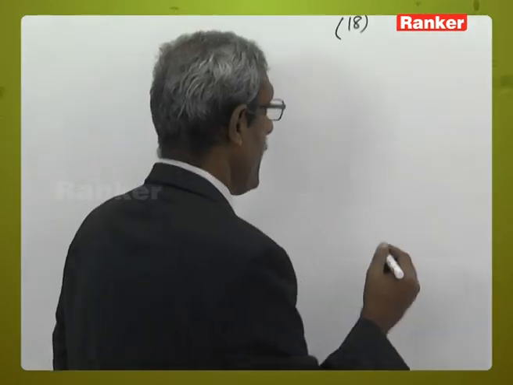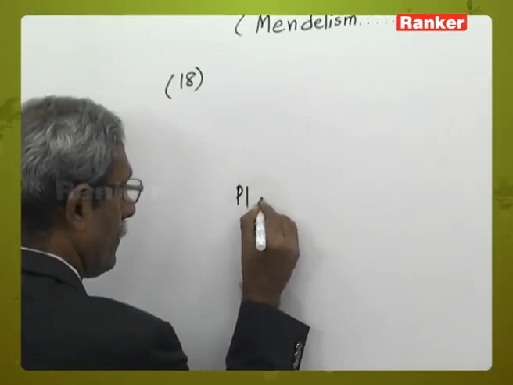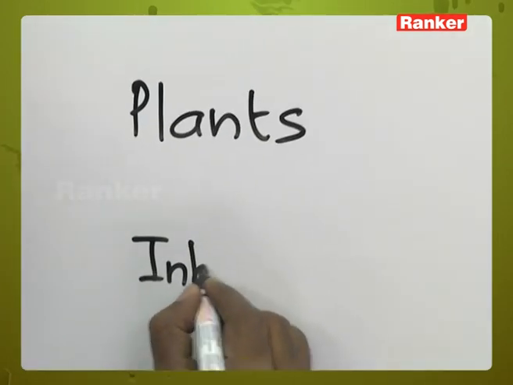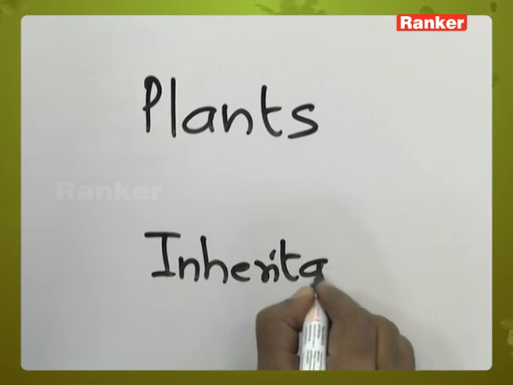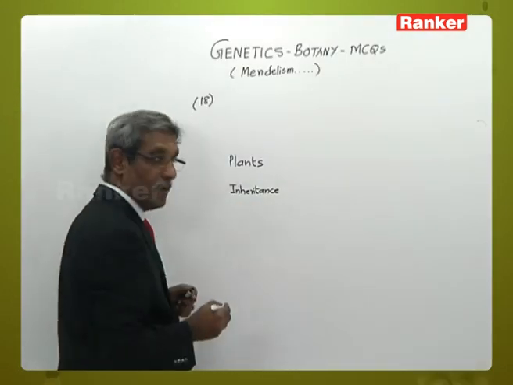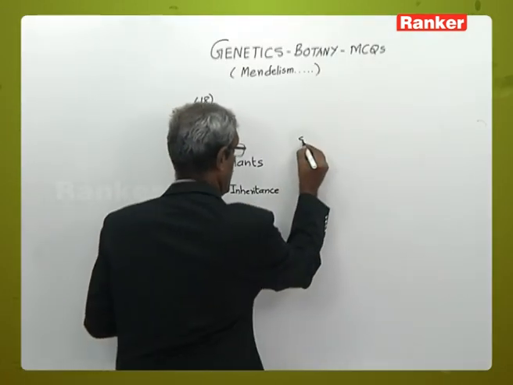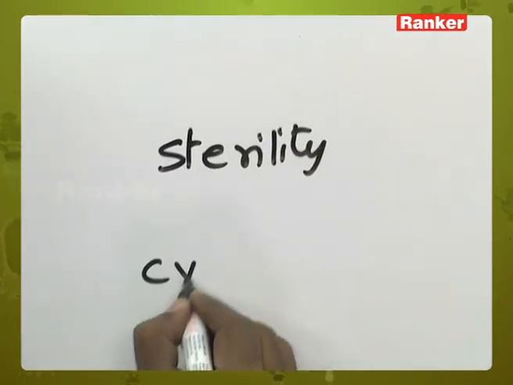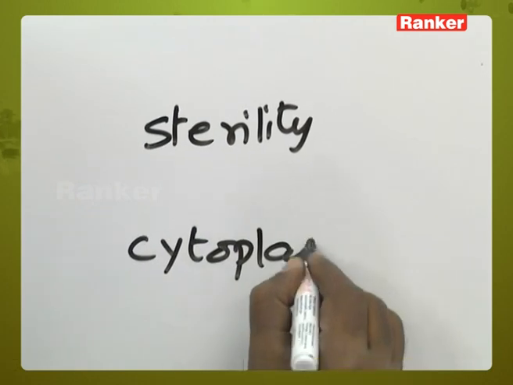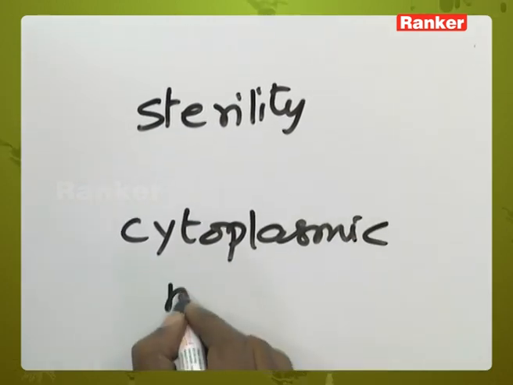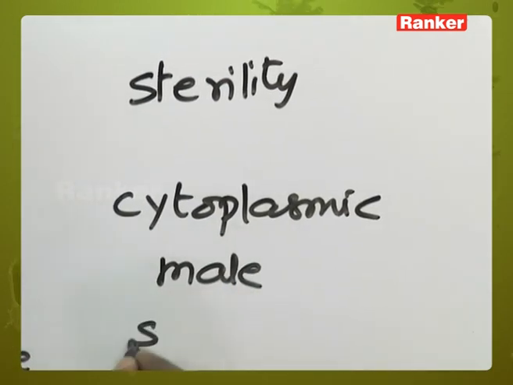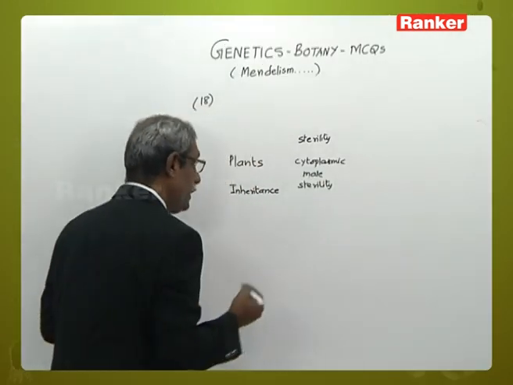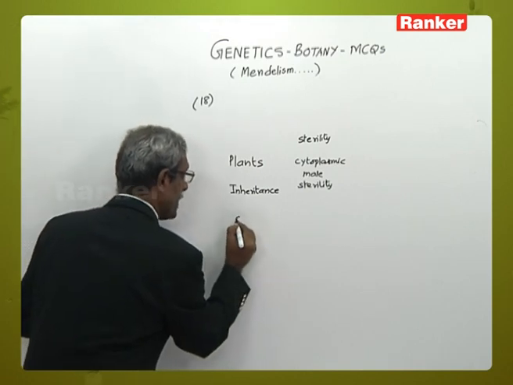Now, in plants, when we are dealing with inheritance, several characters like sterility, cytoplasmic male sterility, are inherited through the cytoplasm.